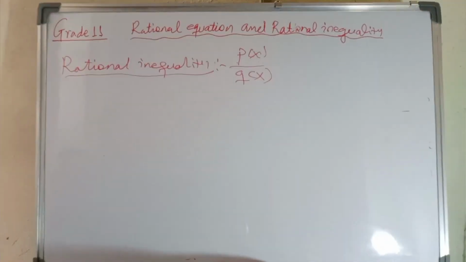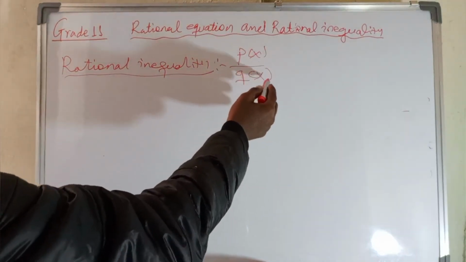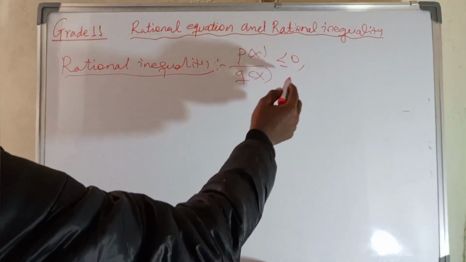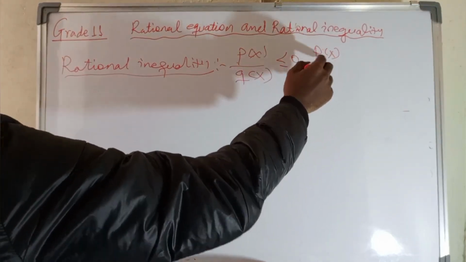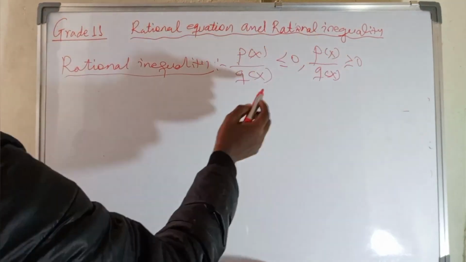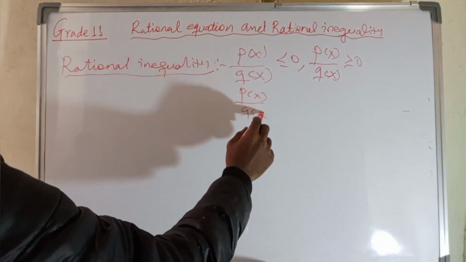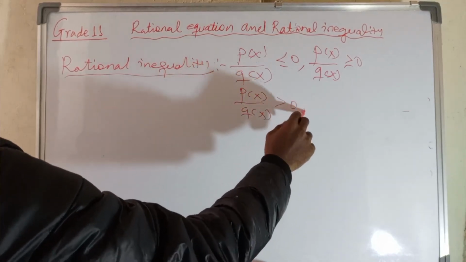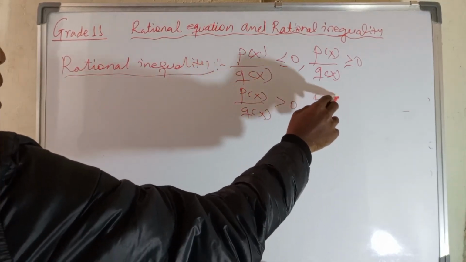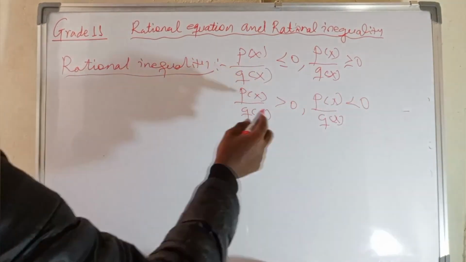It involves a rational expression that reduces to the form of p of x over q of x, maybe p of x over q of x less than or equal to 0, another p of x over q of x greater than or equal to 0, another p of x divided by q of x greater than 0, another p of x over q of x less than 0.